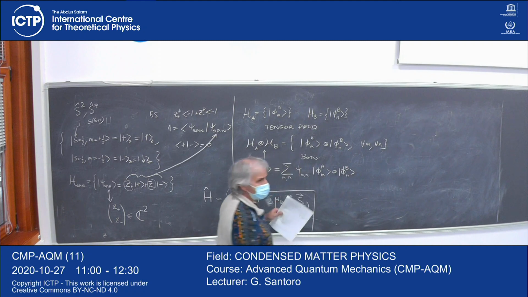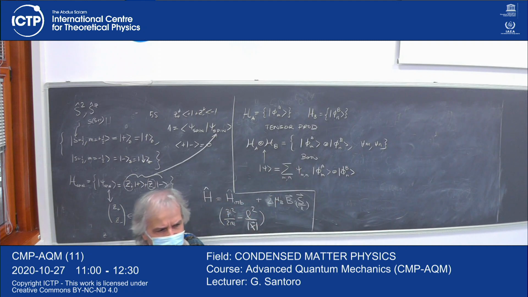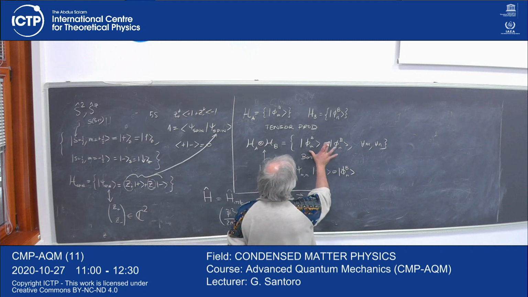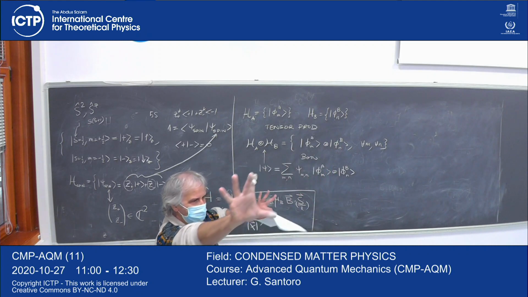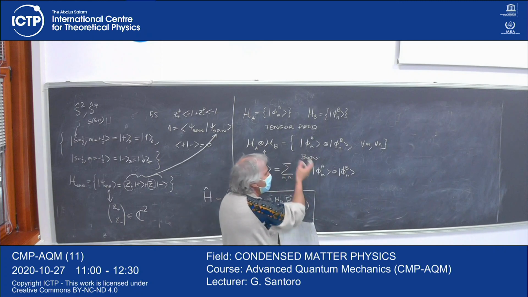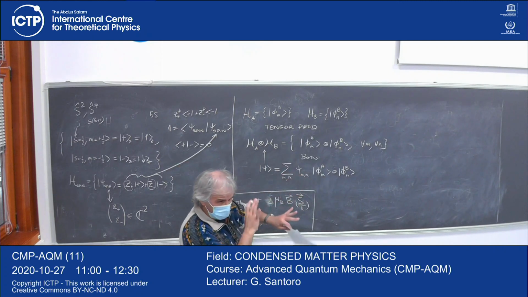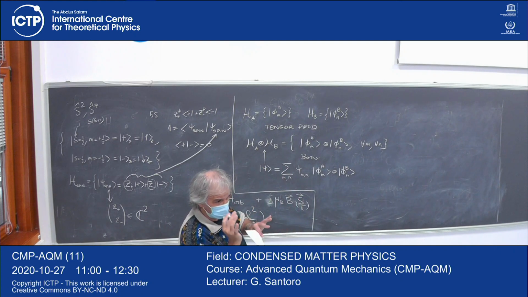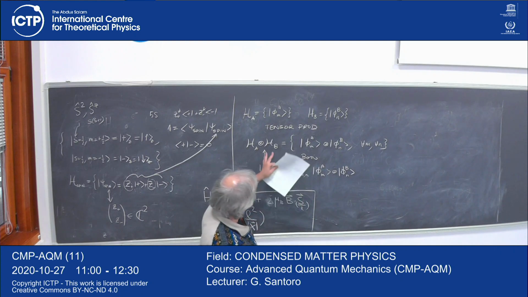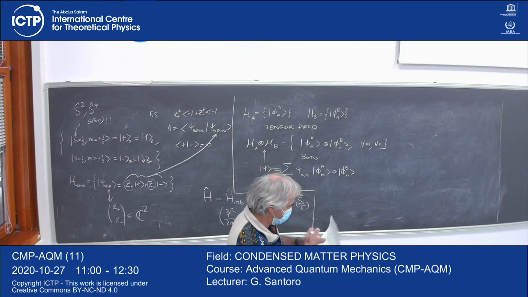Is it clear? Just use it as a rule. The elements of the basis are this funny symbol in between a pair of states, one of A and one of B, and then I just superimpose them with complex coefficients. This is the rule for getting the states of this product Hilbert space.